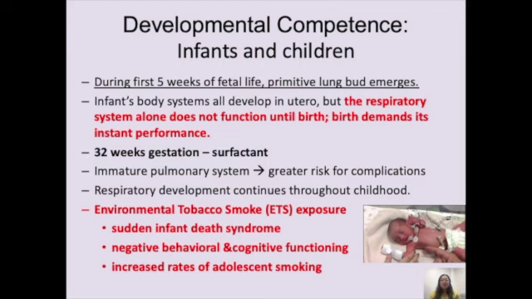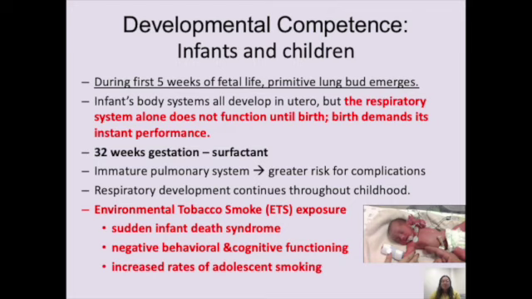Now, if we talk about a premature infant that's born before 32 weeks, and sometimes even at 32 weeks or older, they may not have enough surfactant to allow for this independent breathing, and these are the infants that are going to need oxygen support. We also want to consider with infants and children the impact of environmental tobacco smoke or secondhand smoke exposure that leads to an increased risk of SIDS or sudden infant death syndrome.